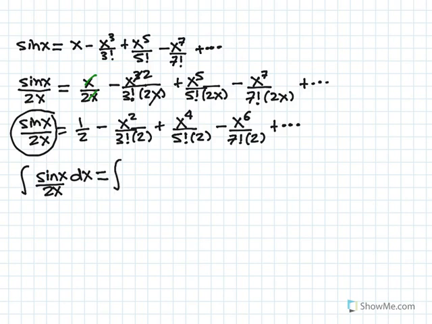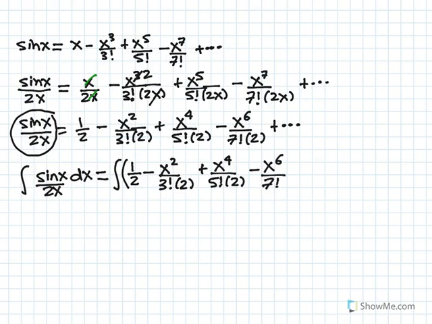So we have the integral of 1/2 minus x squared divided by 3 factorial times 2 plus x to the 4 divided by 5 factorial times 2 minus x to the 6 divided by 7 factorial times 2. And we integrate this expression with respect to x.